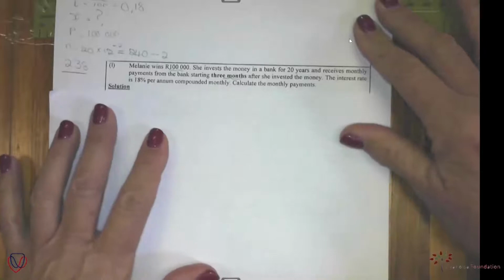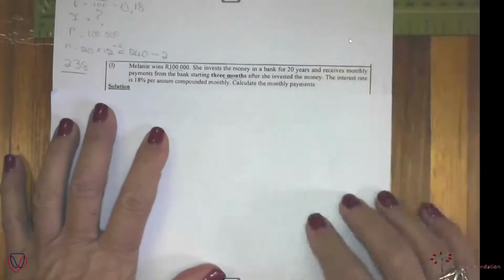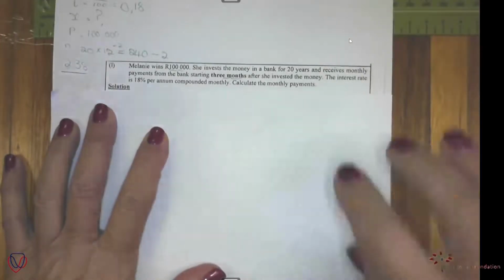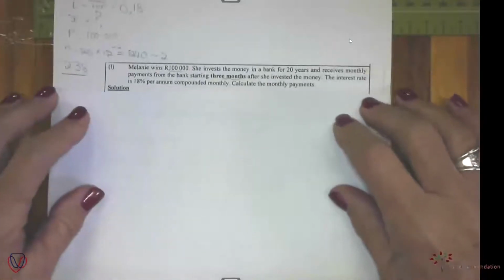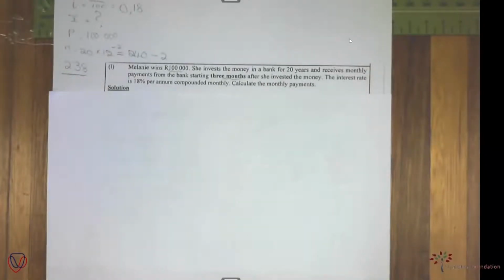What formula are you going to use here? And this is quite a difficult one. Remember now, she wins the money, she puts it in the bank, and they pay her interest. I want to give you another example. I borrow money from the bank. They give me the amount, and I must pay them back every month.